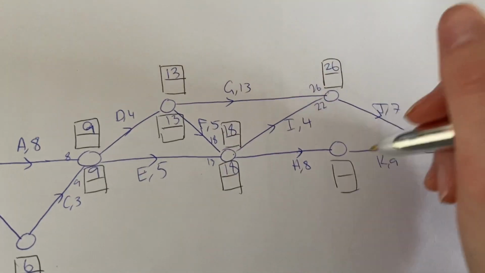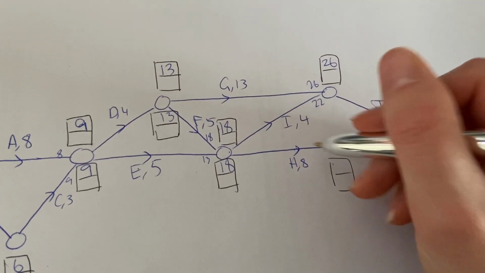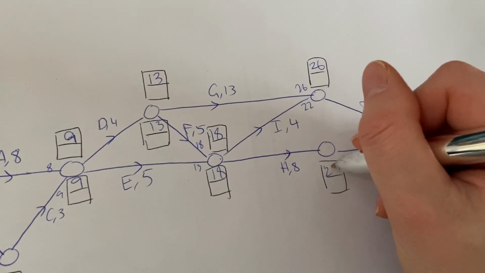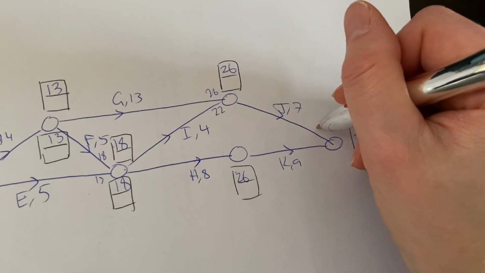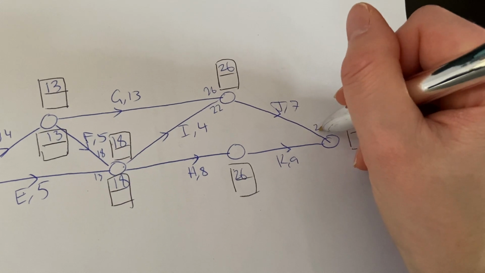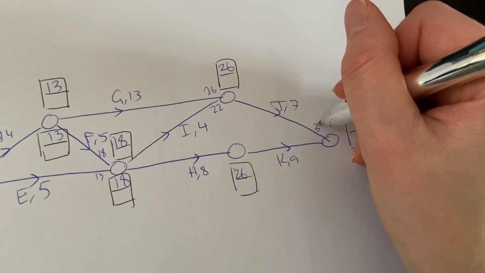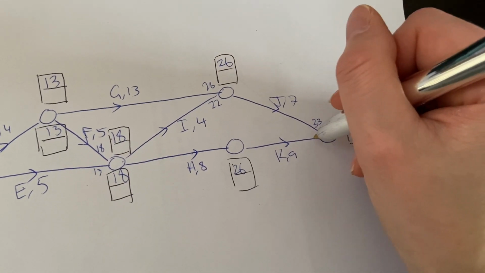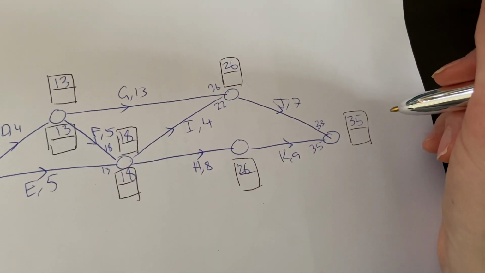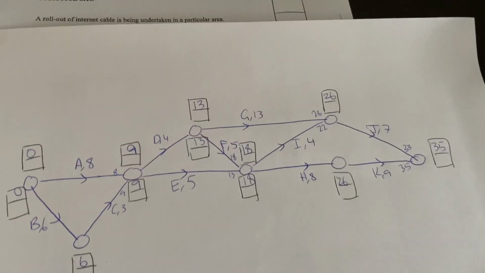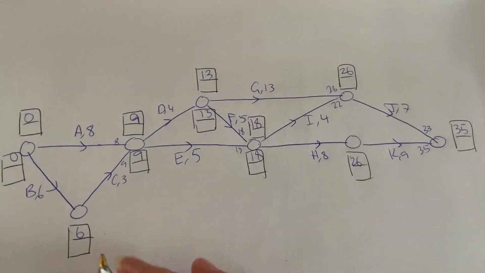Biggest number in. 18 plus 8, 26. And then the final number, we've got to look at both. 26 plus 7 is 33. And 26 plus 9 is 35. Biggest number in. So it still ends up being smaller than the original 37 that we had. So there is your forward scanning.